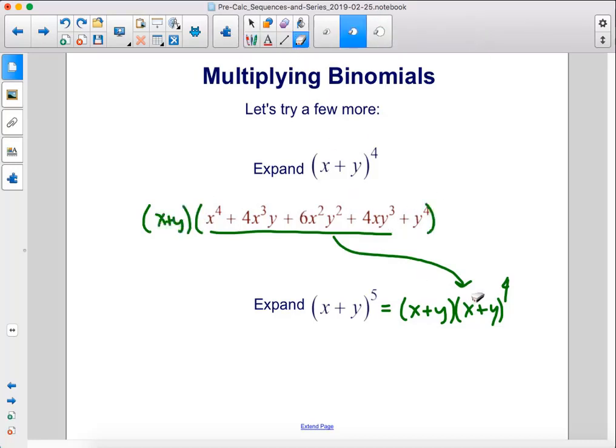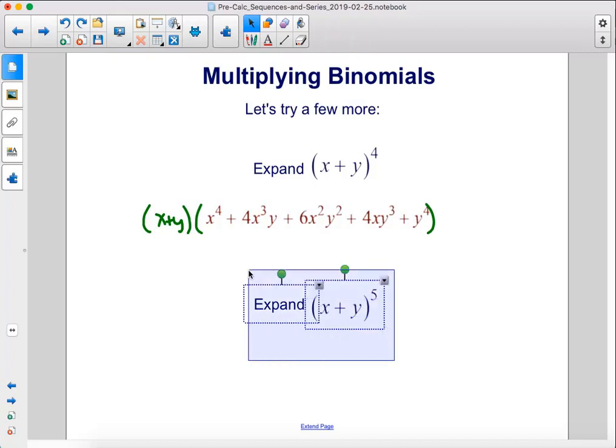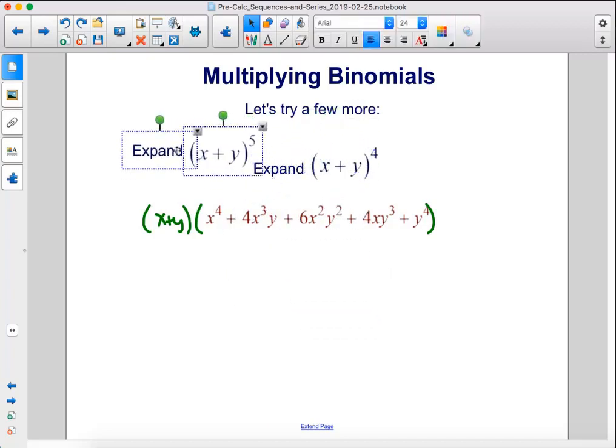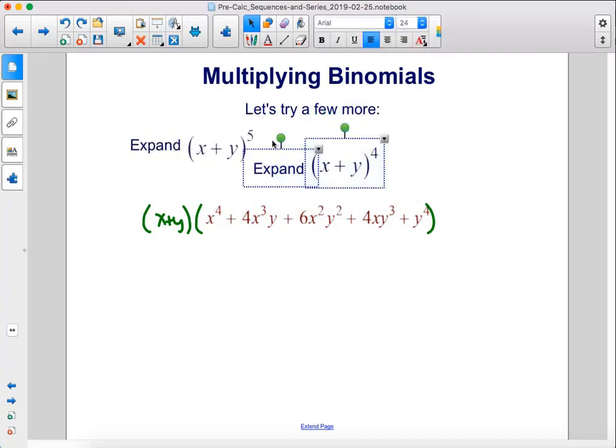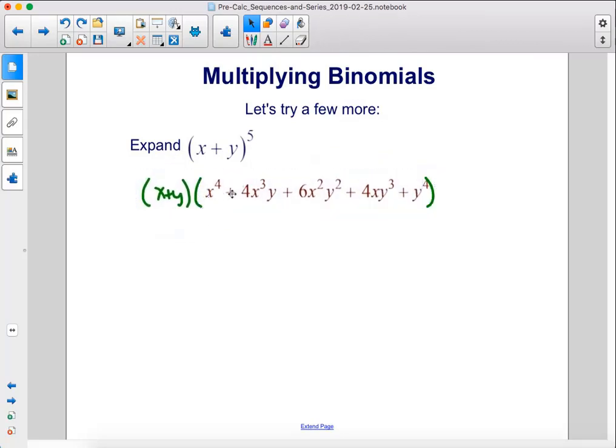All right, so I'm going to erase all this, and I'm going to move this out of the way. Get rid of that. All right, and so now we just need to multiply this by x plus y.